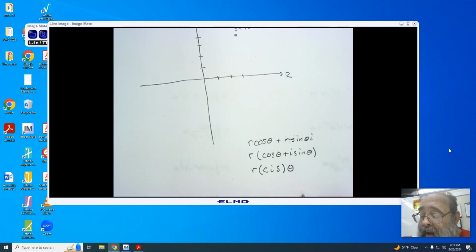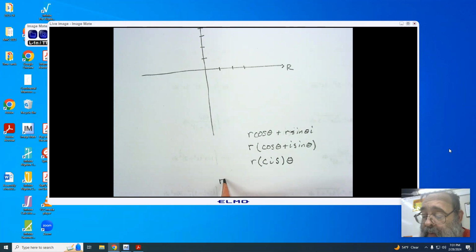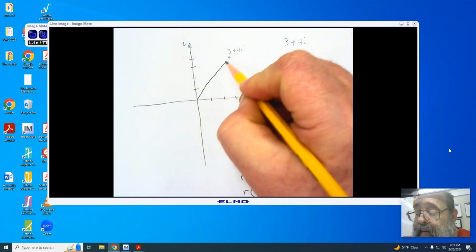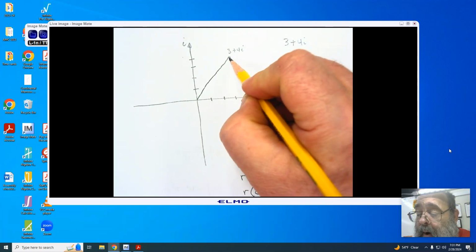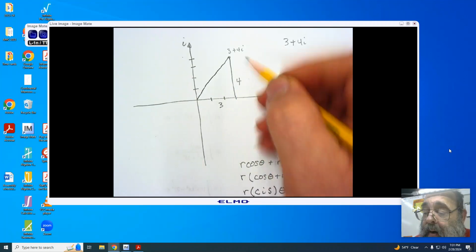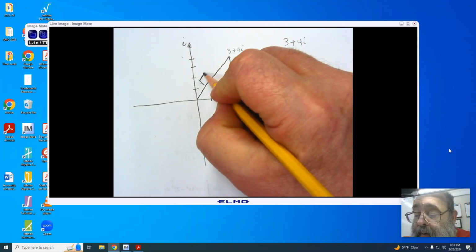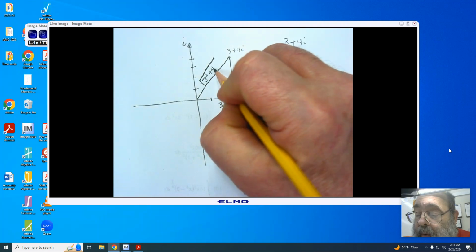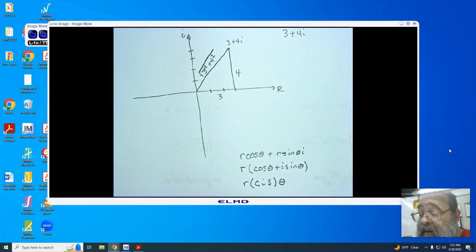And the way we locate polar form is by recognizing that r is identified in terms of our x and y. So we have a 3 and a 4 here. And this then becomes the Pythagorean theorem, 3 squared plus 4 squared. As a result, we would have the square root of 9 plus 16, and we get r equal to 5.